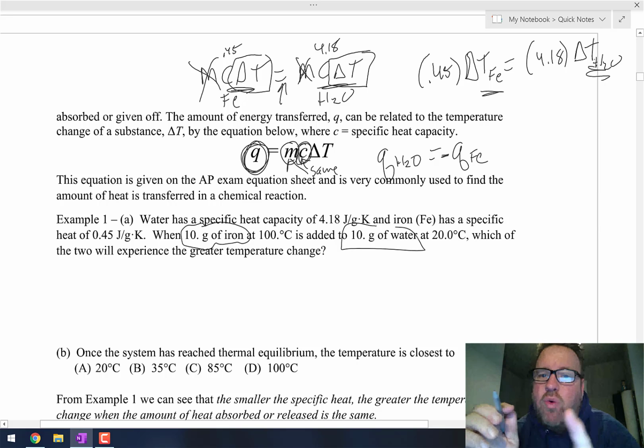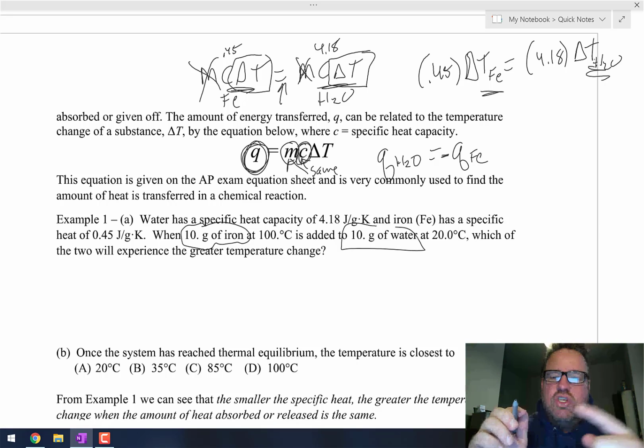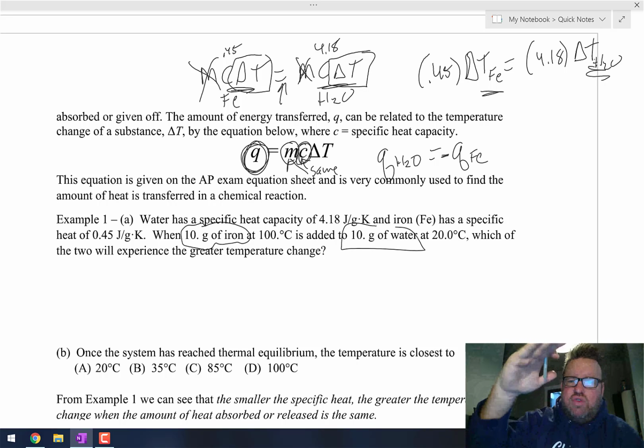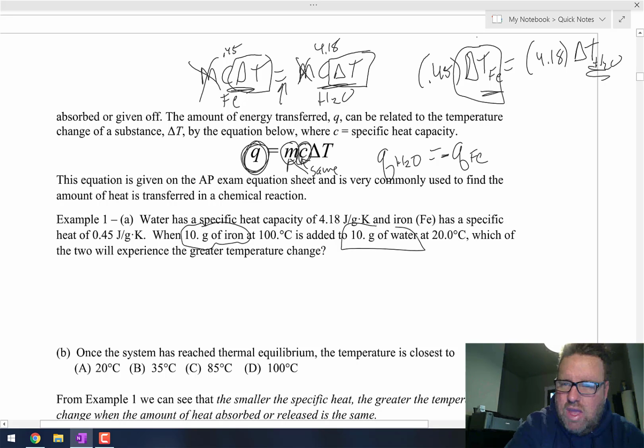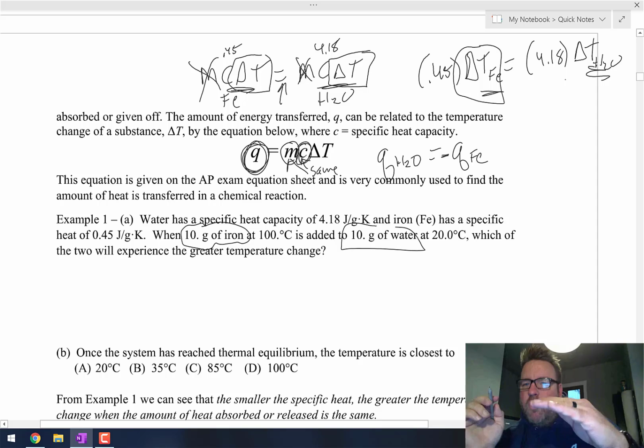And so therefore, the iron temperature is going to change much, much more than the water is. The iron's going to drop a whole bunch because its temperature change must be really big, whereas the water's going to go up just a little bit.